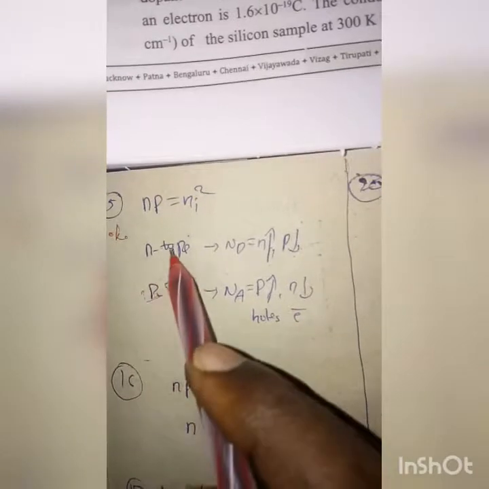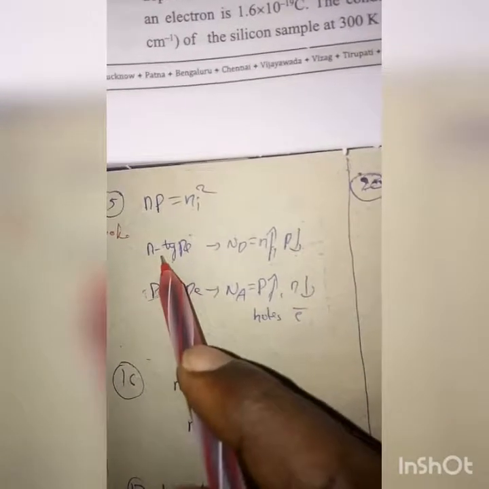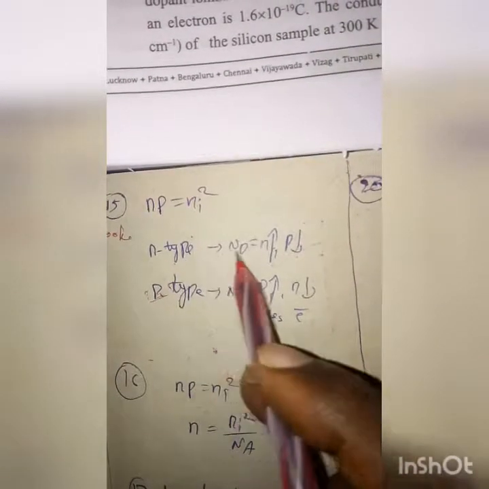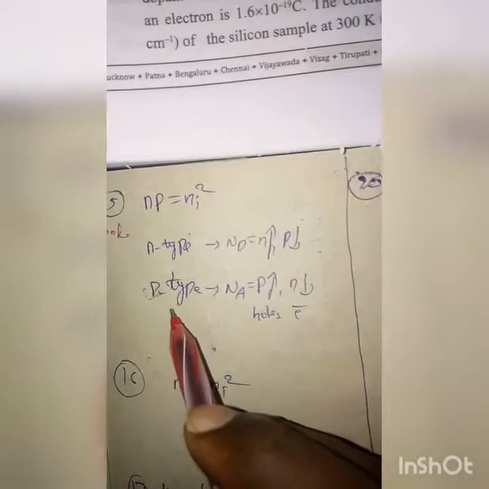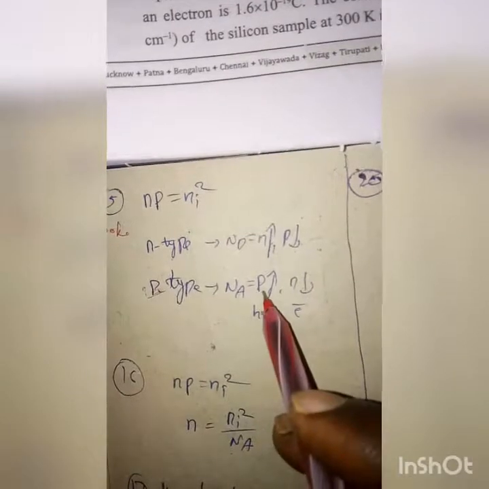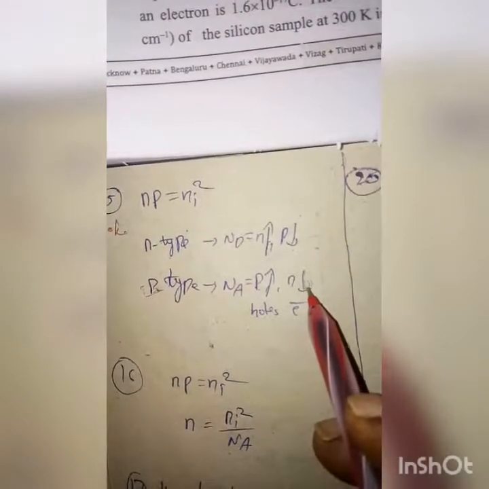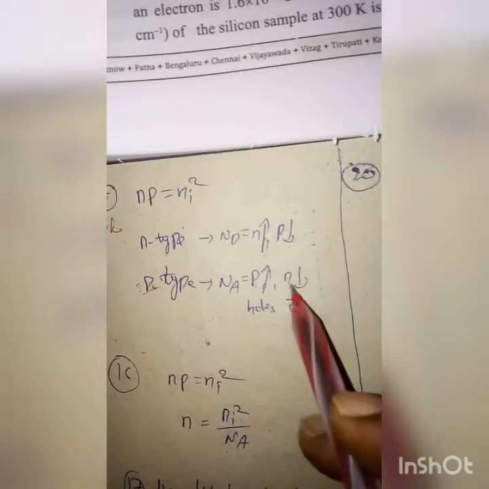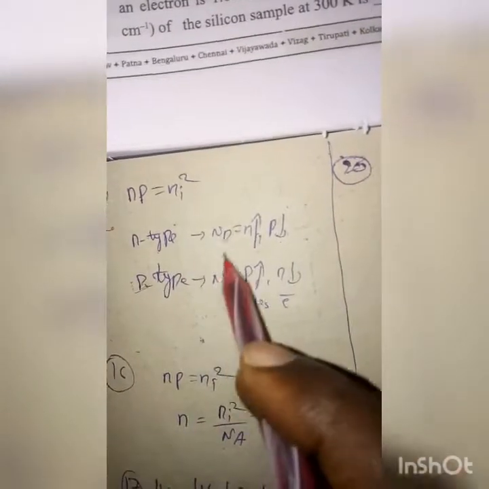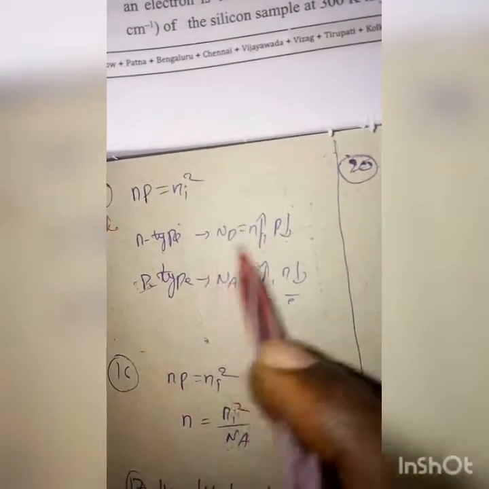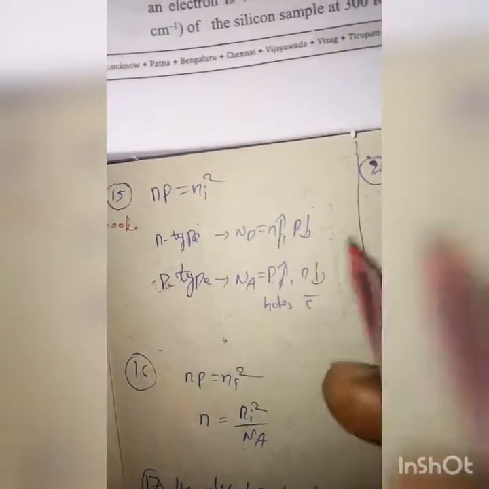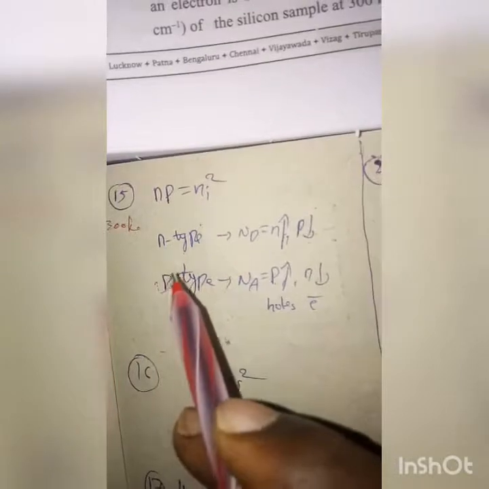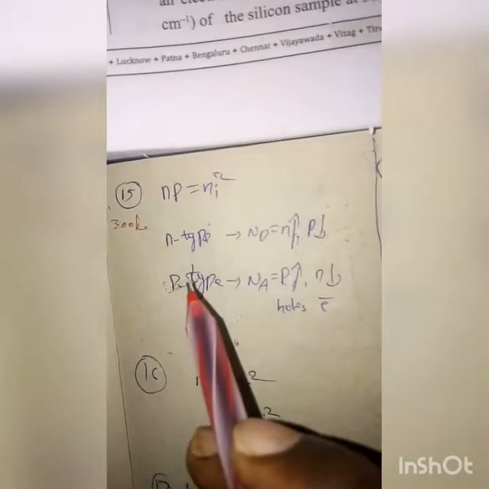Similarly, if you want P-type, you are increasing the holes, then on the other side electrons will decrease. So what is the relation? One increases, one decreases. This is inversely proportional. So majority carriers and minority carriers have an inversely proportional relation.